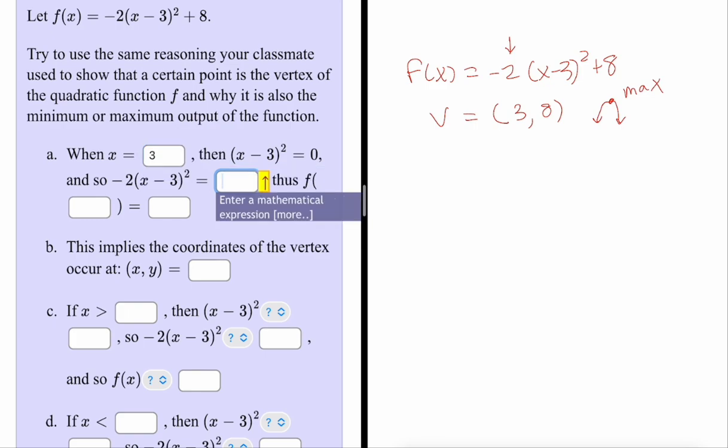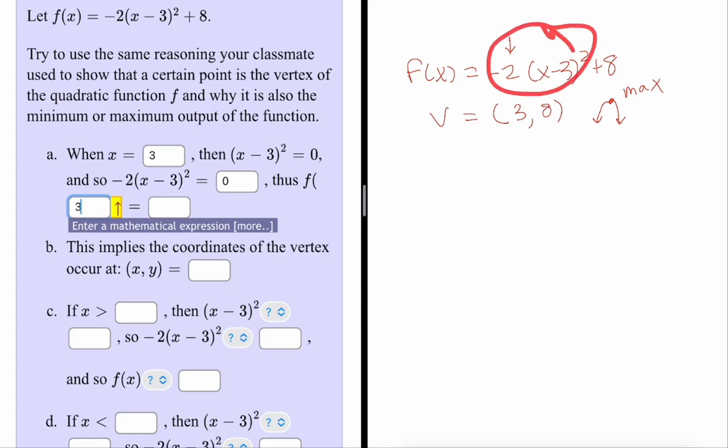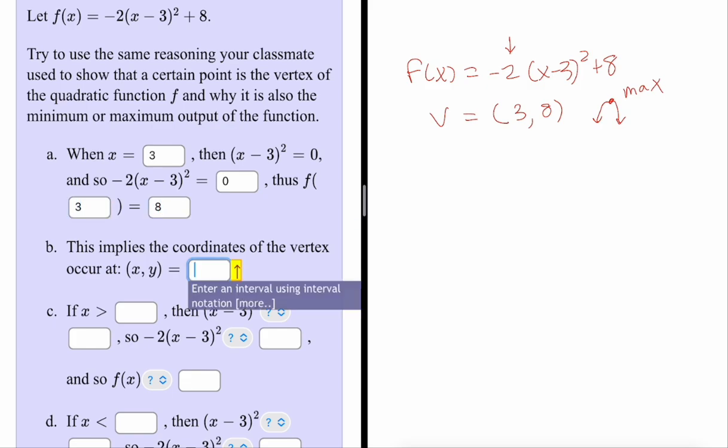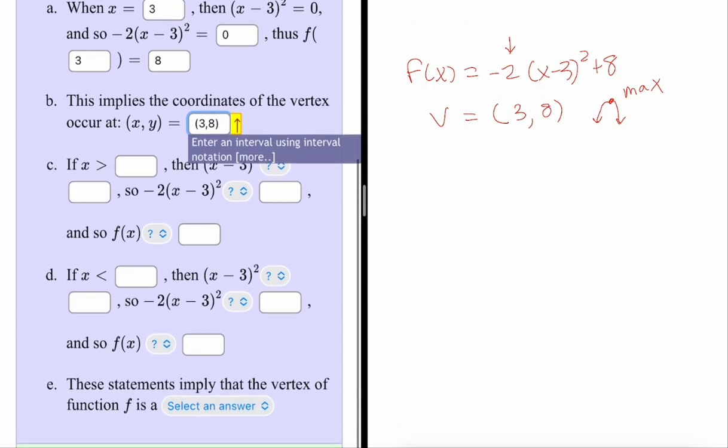Even if we multiply by negative 2, we still get 0. But f of 3, this part is 0 when we plug in 3, but you still have to add that 8. That 8 raises that vertex up. So f of 3 is going to equal 8. This implies that our vertex is (3, 8). Okay, so that's just talking about what the vertex is.